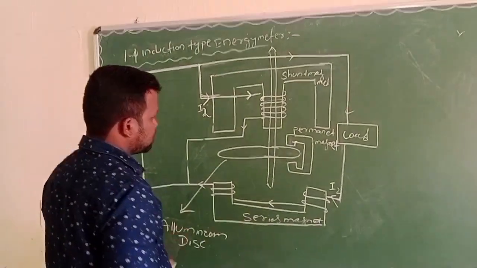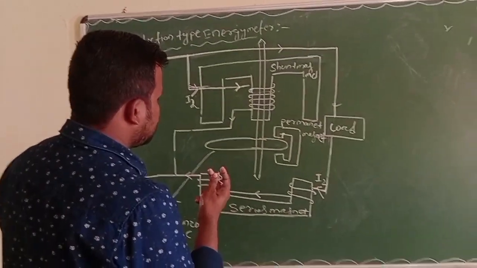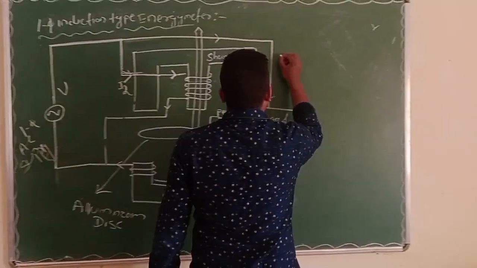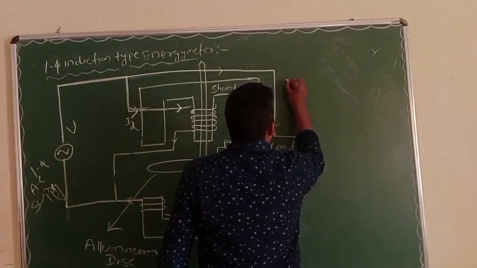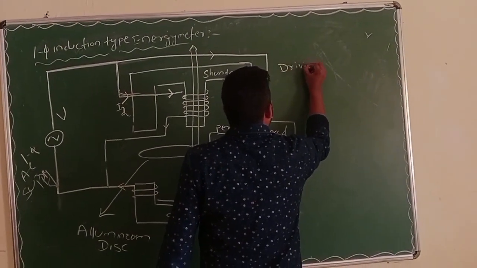After that, it has two types, one is series and another is shunt. Construction part.